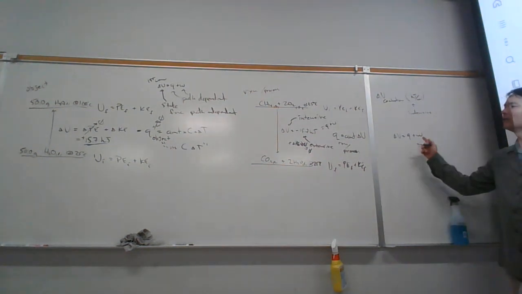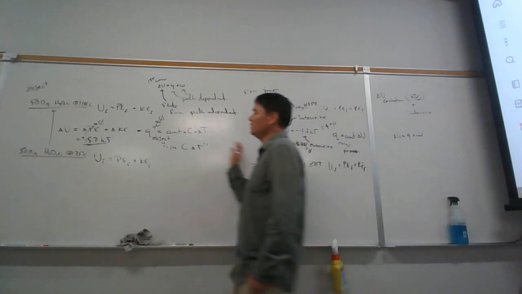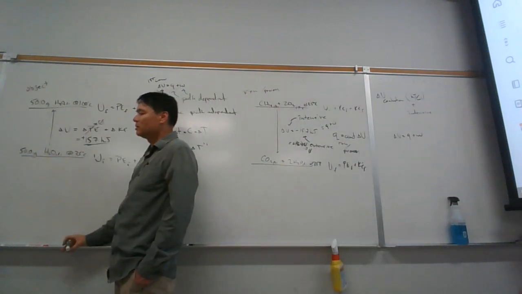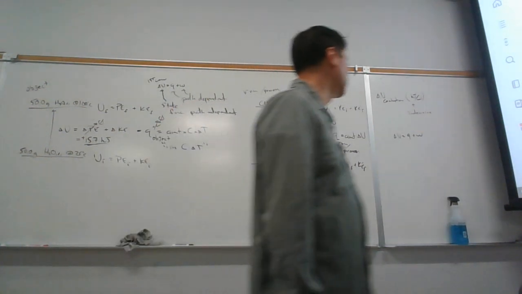If we do no work, then we convert all that delta U into heat. And if we can convert all that delta U into heat, then we can use that heat to warm up the water. And so how can I do no work on this particular reaction?